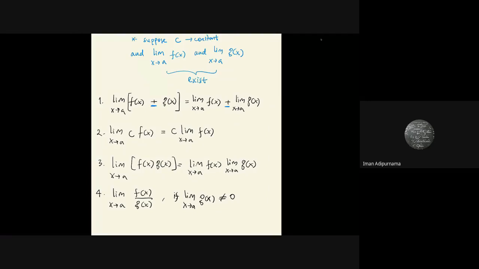I think most of you are familiar with all these laws, because without realizing it, you already know how to solve some limits. I think these laws are quite intuitive in math, so they don't really need to be memorized.